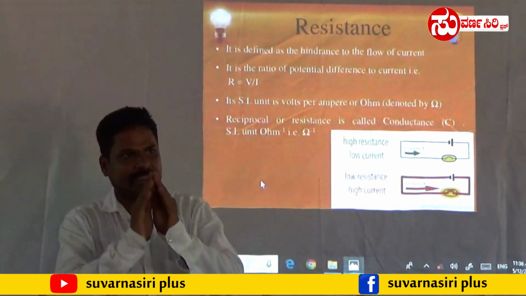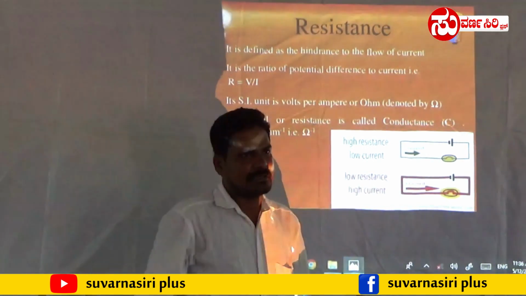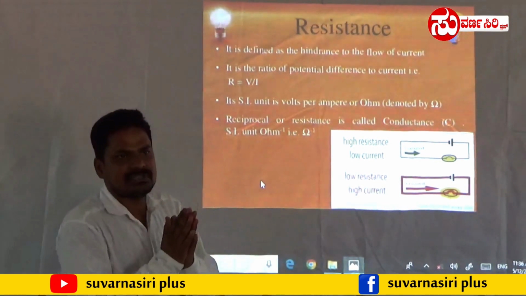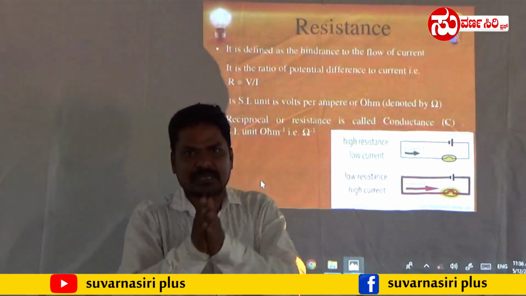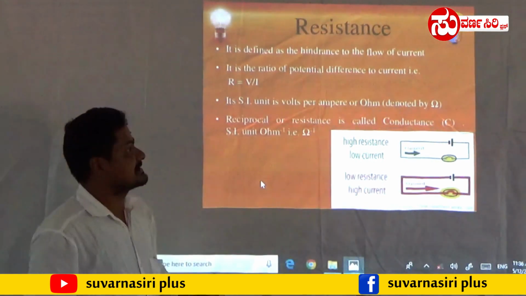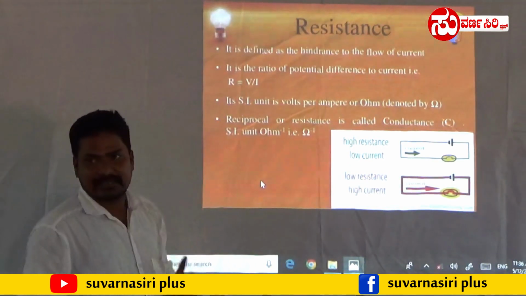In the same way, when current flows in an electric circuit, there is some opposition to the current. That opposition is called resistance. It is defined as the hindrance or opposition to the flow of electric current.